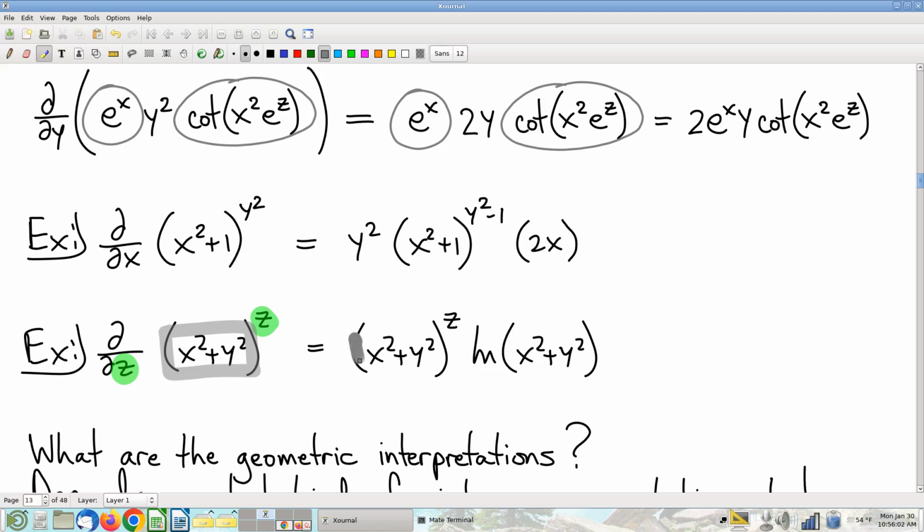Constant to the power of the variable. The derivative is constant to the power of that same variable, and don't forget to multiply by the log of that constant. Think of this as taking the derivative of a to the z. A is a constant, and this is the rule. Again, going back to single variable. Everybody happy? Okay.